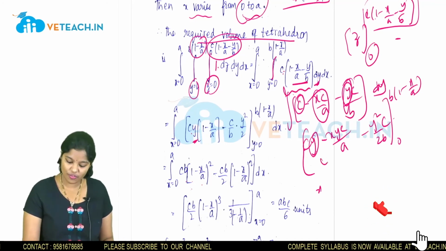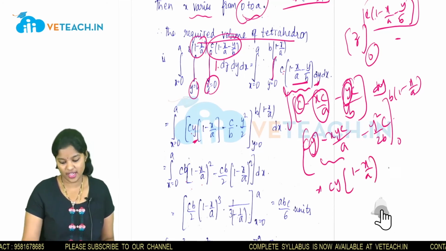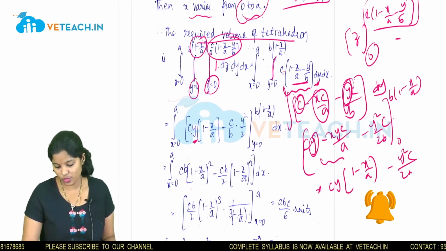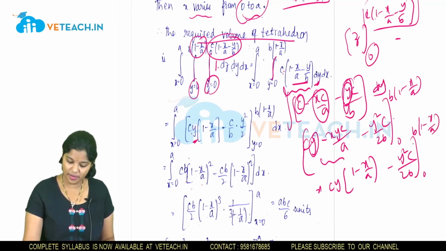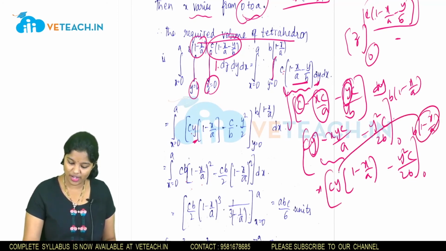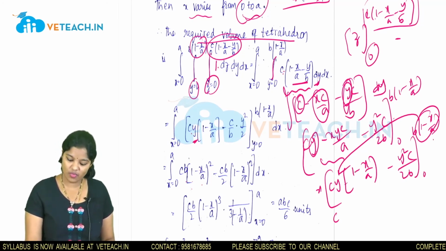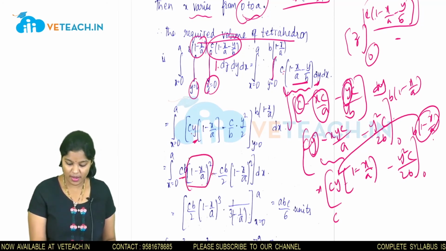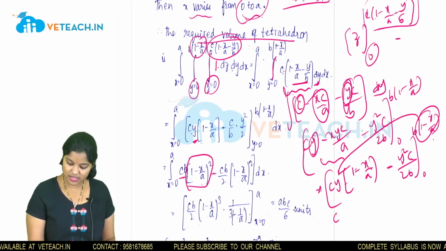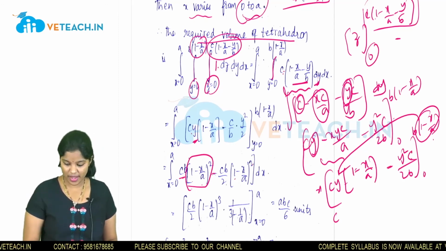From these terms take cy as common, and the limits are from 0 to b into 1 minus x by a. So cb into 1 minus x by a whole square minus cb into 1 minus x by a whole square divided by 2.